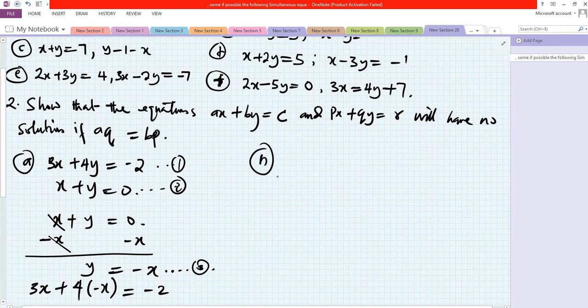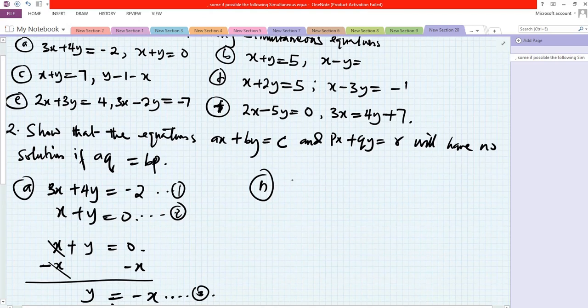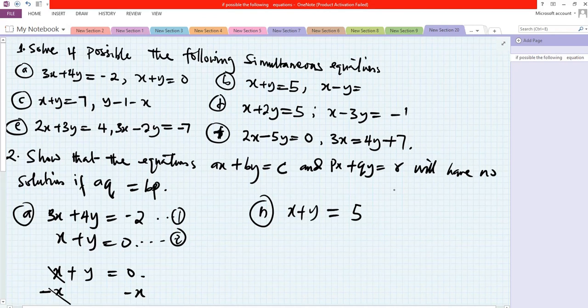So for B, you have x plus y is equal to 5, and x minus y is equal to 1.